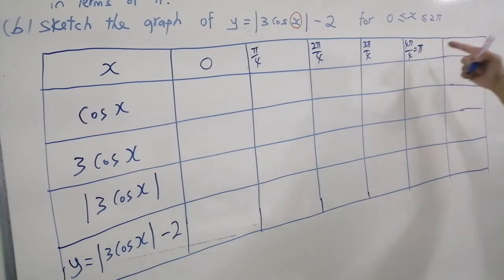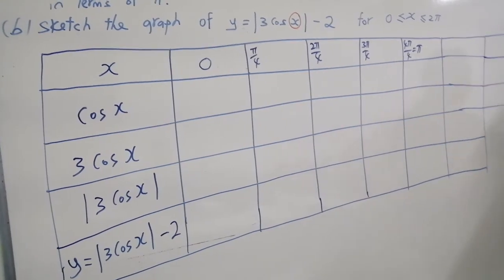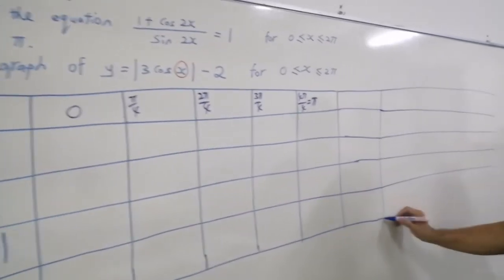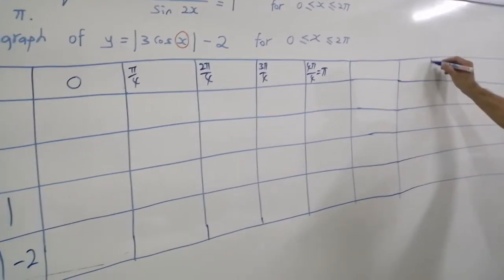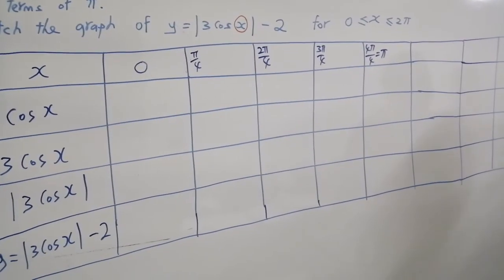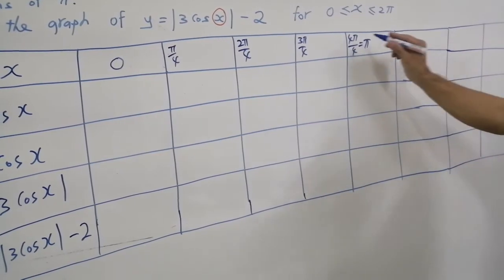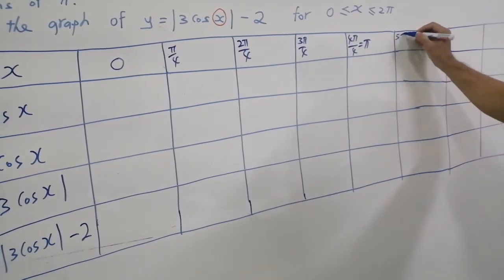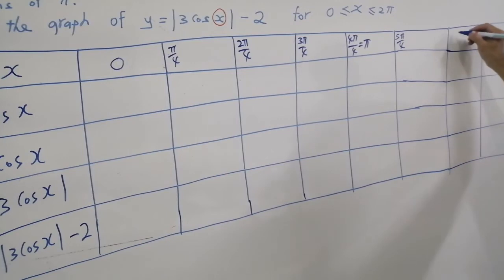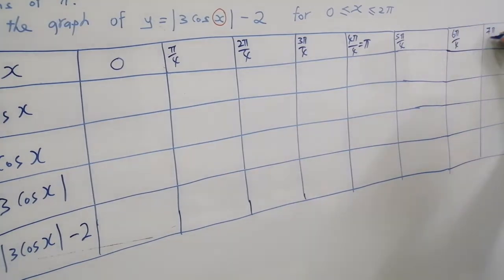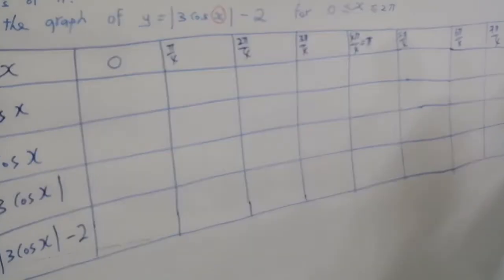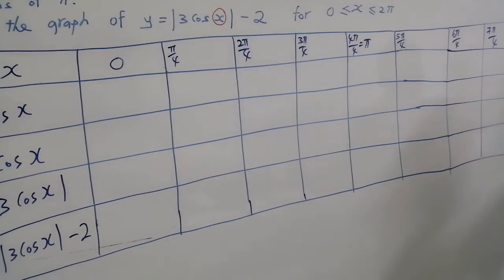But they want 2 pi, still not enough. 5 pi over 4, 6 pi over 4, 7 pi over 4, then 8 pi over 4. You simplify it, become 2 pi.